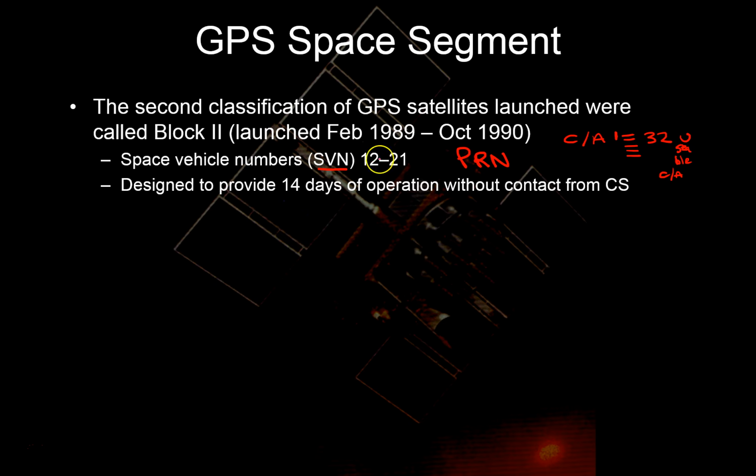Then let's say 15 years later, that satellite, let's say it was satellite 17, was decommissioned, no longer operational, and then a new satellite was launched. Let's say that satellite was satellite 31, and then satellite 31 started using PRN code 1. So PRN codes will be reutilized, and I believe there's only 1 to 32 for PRN numbers, whereas satellite numbers are not reused. Every satellite vehicle is given a new number.